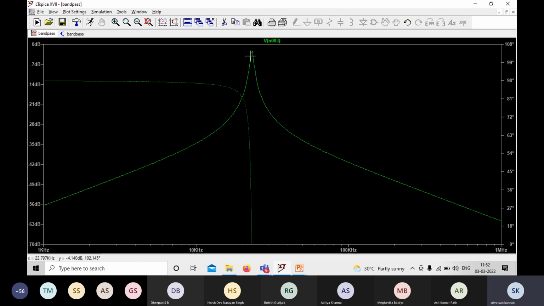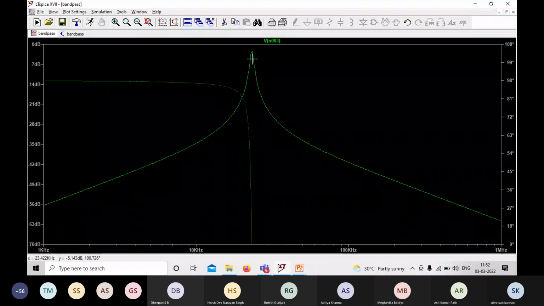So you have to place the cursor at minus 5.2. So F1 is 22.9. So what is F2? F2 is 23.5. So how much is the bandwidth coming?